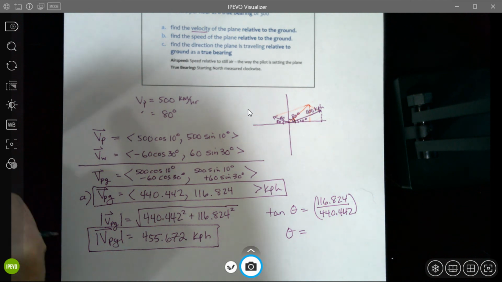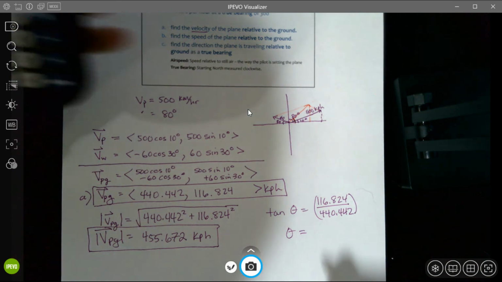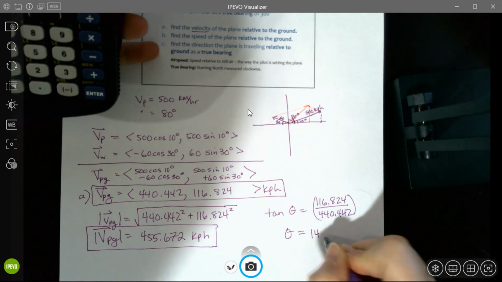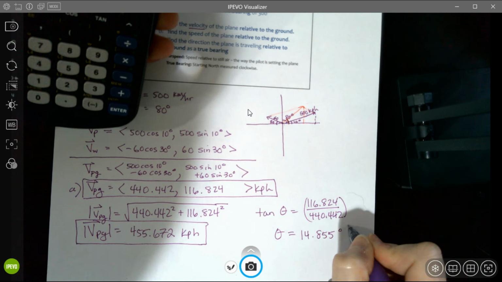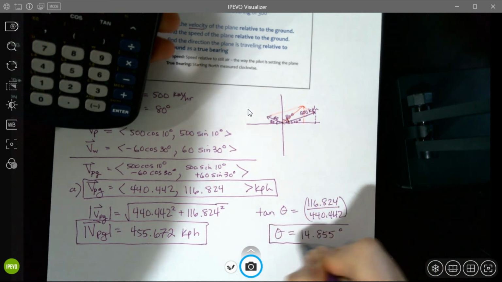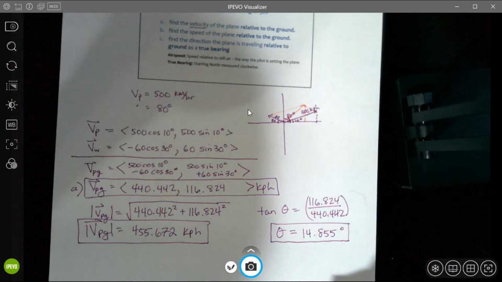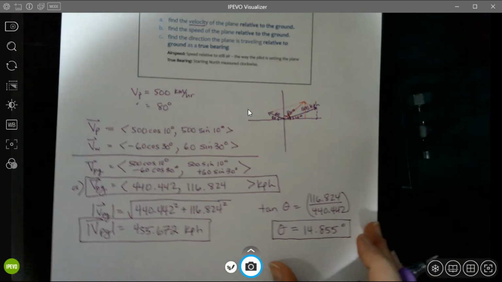And we're dividing those two. Enter. All right, so what I got for that is 14.855 degrees. And that seems reasonable. It was 10. It's been pushed up a little bit, almost another 5 degrees.